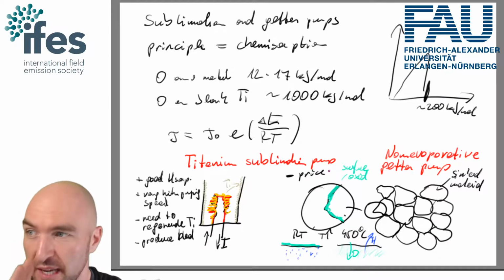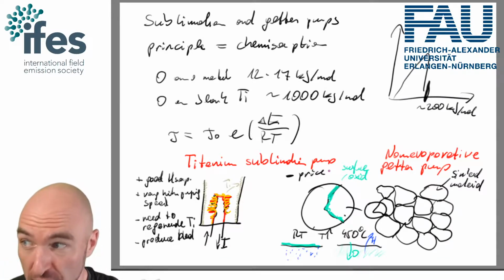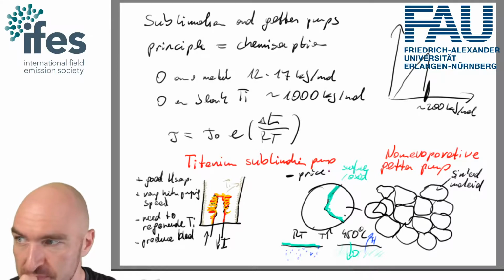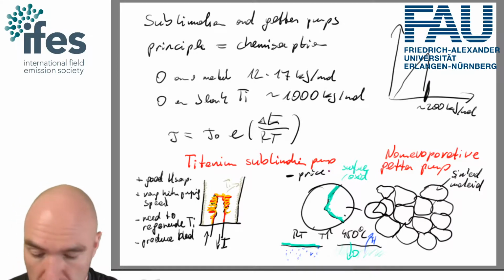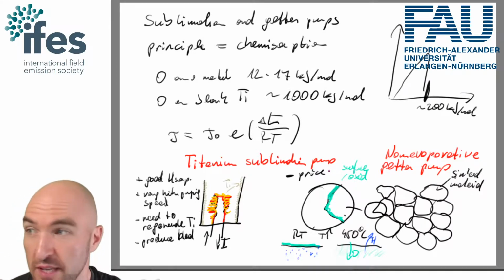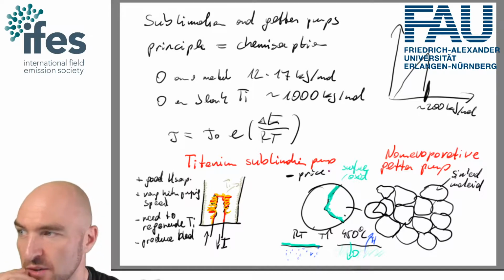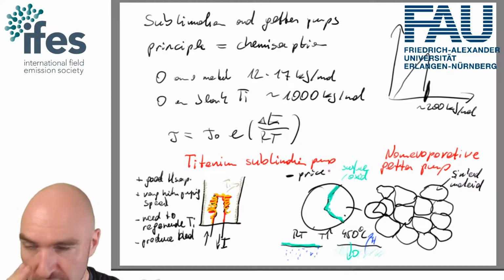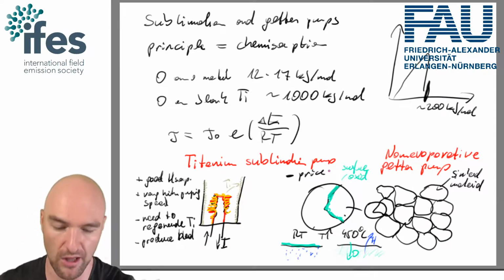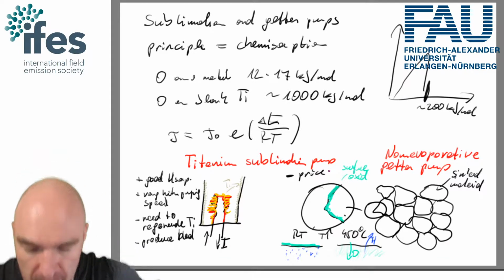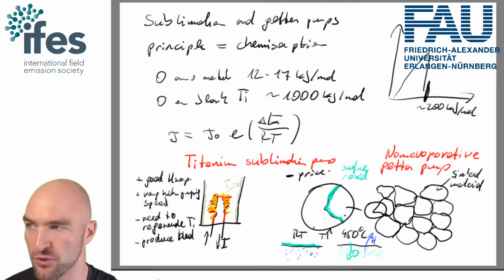But once you have them in there, the good thing is they just do the pumping action. They don't need any power. So even if you have a power outage, it will just keep pumping because it's just a blank metal surface. And they don't produce any heat ingress. They don't produce any vibrations. They're just there, just doing their thing. So as long as you don't have a big amount of stuff to pump, they do an extremely good job.